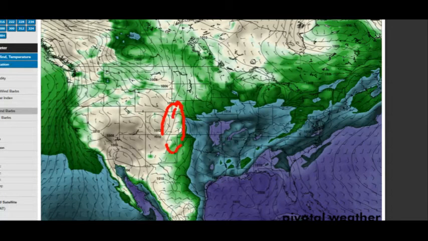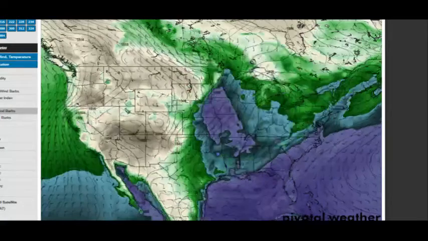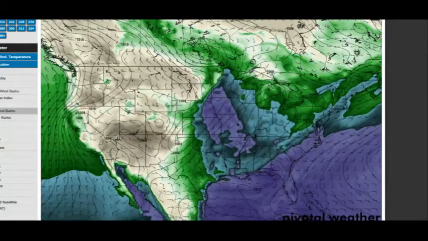Cyclogenesis getting reestablished in Colorado here for Tuesday. Dry lines sort of coming together. Very weak moisture, mostly 60s dew points, but probably enough for some chasing in western Kansas on that day. For Wednesday, new cold front blasting southeastward right there.